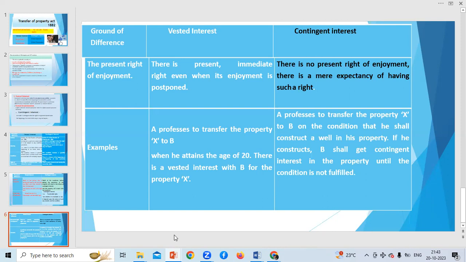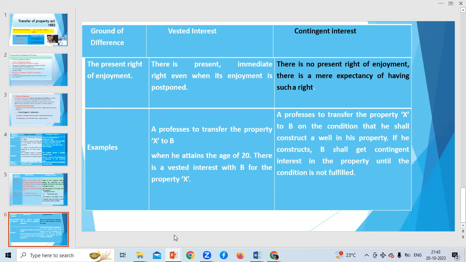The condition is that if he digs a well in his property, only then will this property become B's. If he does not dig the well, he will not get the property. B shall get a contingent interest in the property until the condition is fulfilled. So it is a precondition, a prior condition to transfer that property.